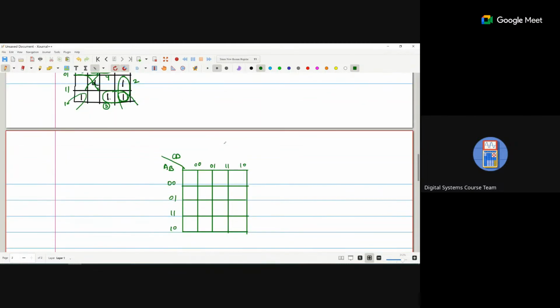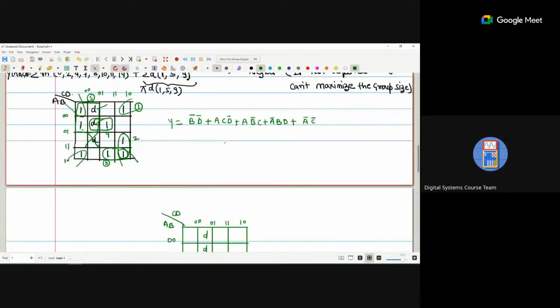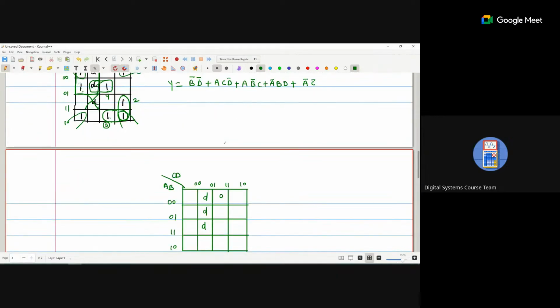Now the don't care condition is the same: D, D, and D. The remaining will be 0, 0, 0, 0, and 0.